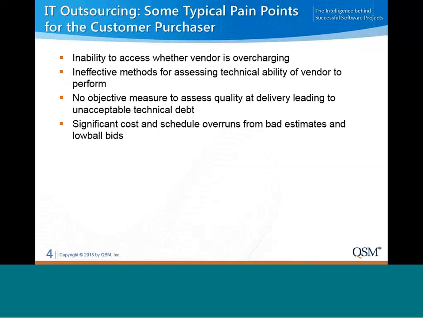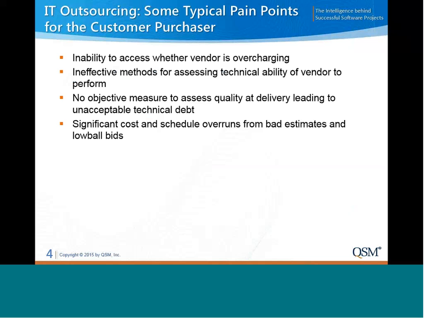So if you're a customer purchasing IT services and you've experienced any of the pain points on this slide, you've definitely come to the right webinar. All of these pain points increase risk to the organization. Cost overruns and vendor overcharging, of course, have a financial impact and may mean that other important projects don't get funded.